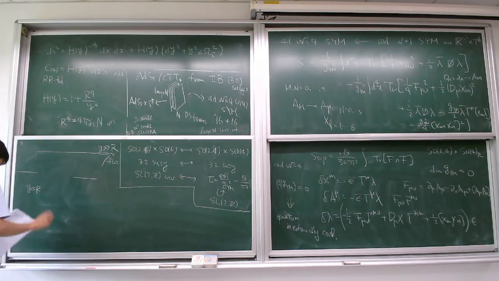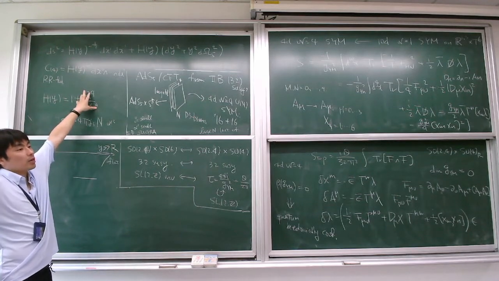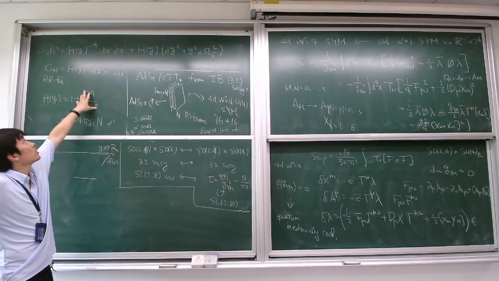On the other hand, if you take the different limit, so y is much less than R, then this term becomes dominant in the harmonic function. Okay, this term is dominant.